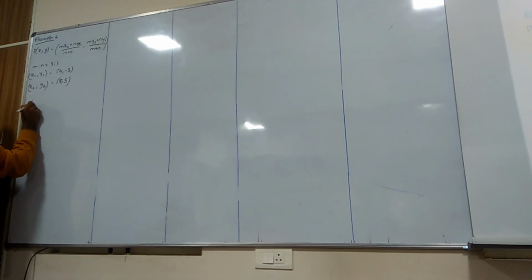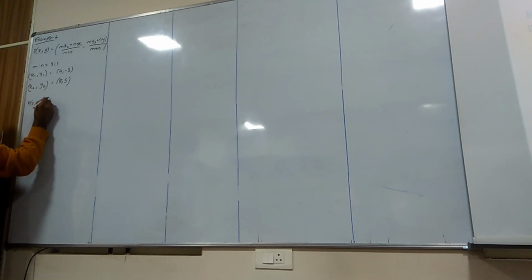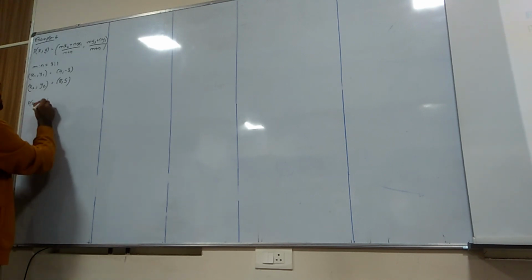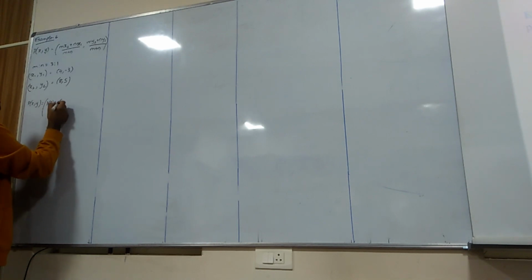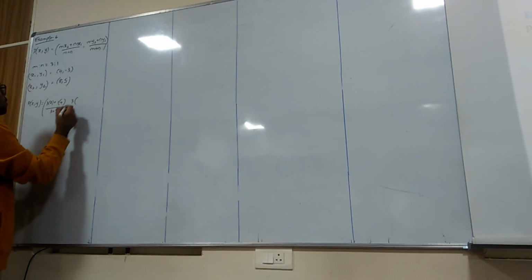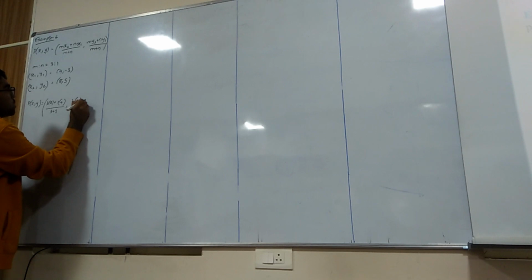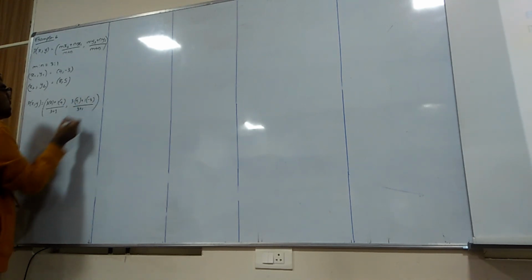So P(x, y) is equal to (3 into x2, 8, plus 1 into x1, 4) divided by 3 plus 1, comma (3 into y2, 5, plus 1 into minus 3) divided by 3 plus 1.